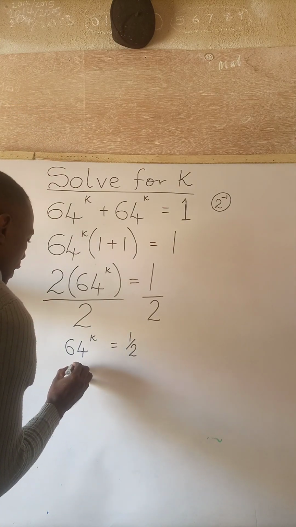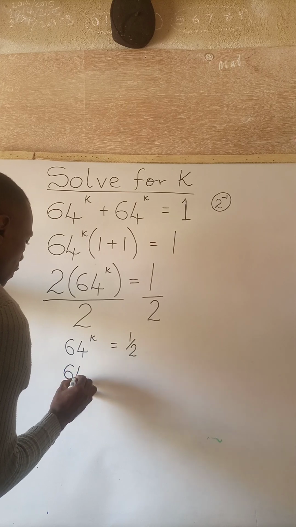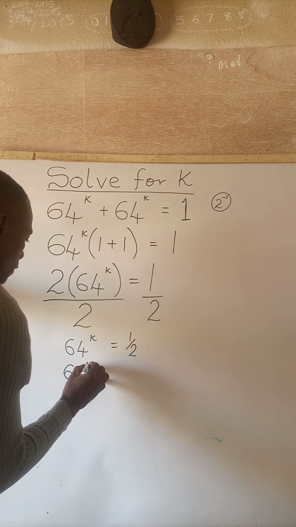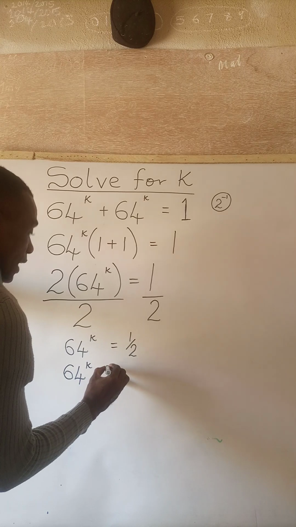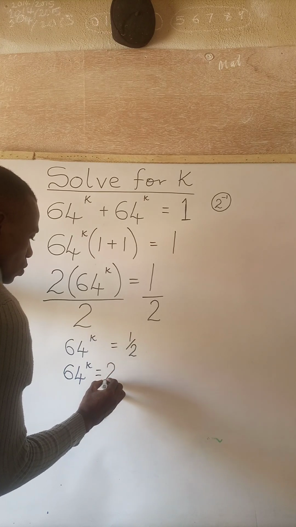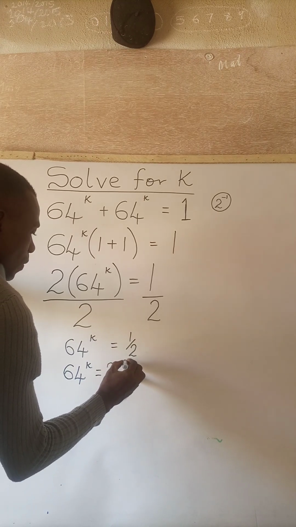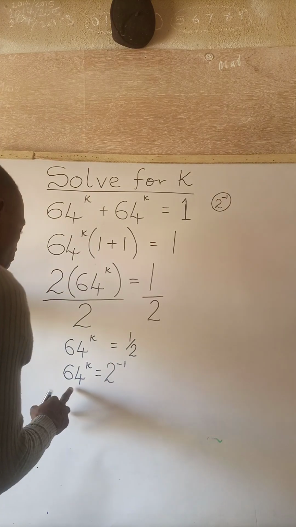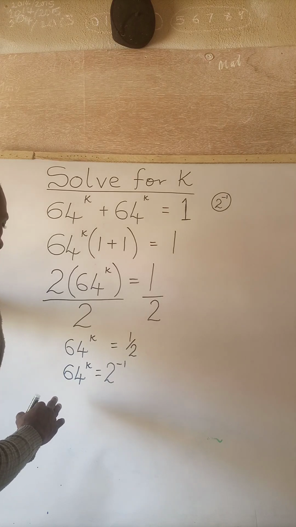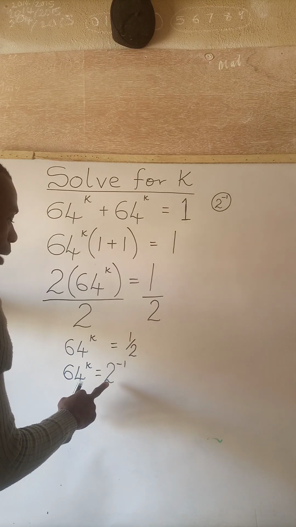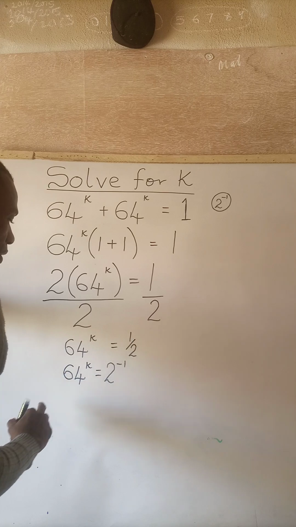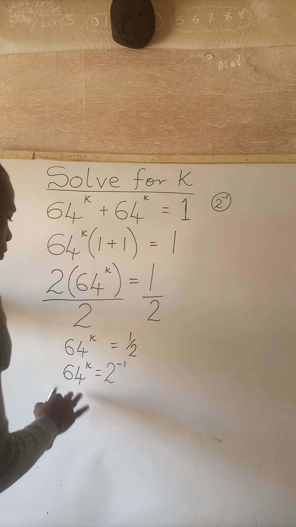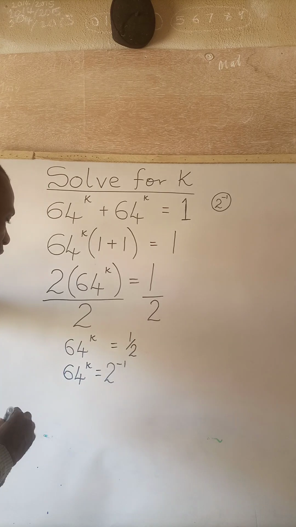So we will now have 64^k is equal to, like I said, 2 raised to power minus 1. This 64 is the same thing as 2 raised to power 6, because by right we're supposed to make their base the same.